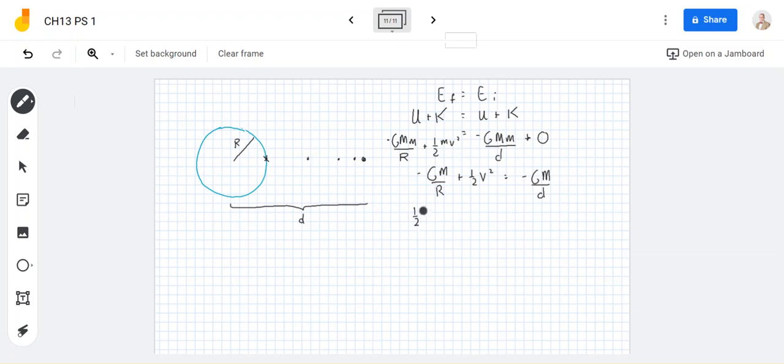So 1/2 v squared is equal to... in this case, we have r plus h here because it was released from some height, which we know, I think it's 1,000, right? So I think we know everything that we need to just plug and chug this. So let's see if we can do that.